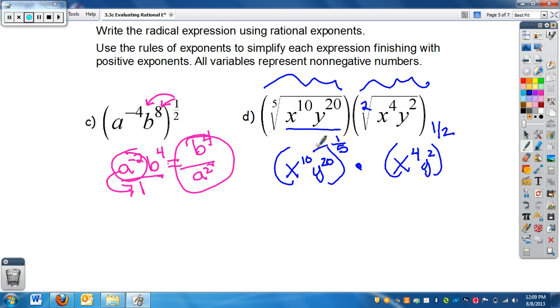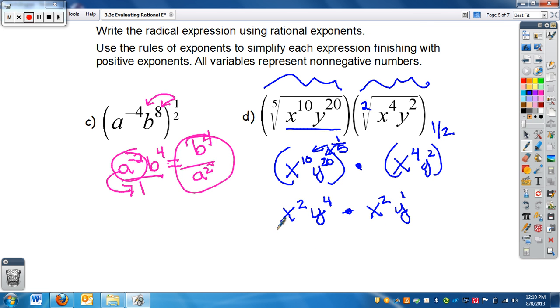Well, I can do power to a power. I can distribute the 1/5 times both. So that's x squared, y to the 4th, dividing both of these by 5, times 1/2 of 4 is 2. 1/2 of y squared, or 2, is 1, or just y.